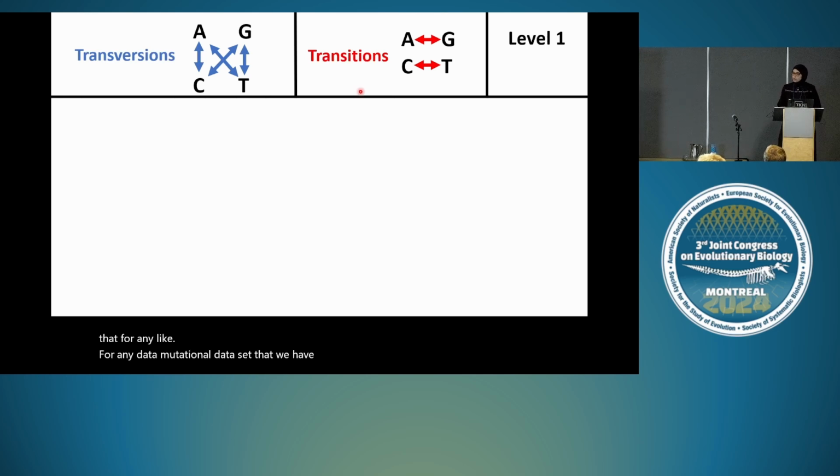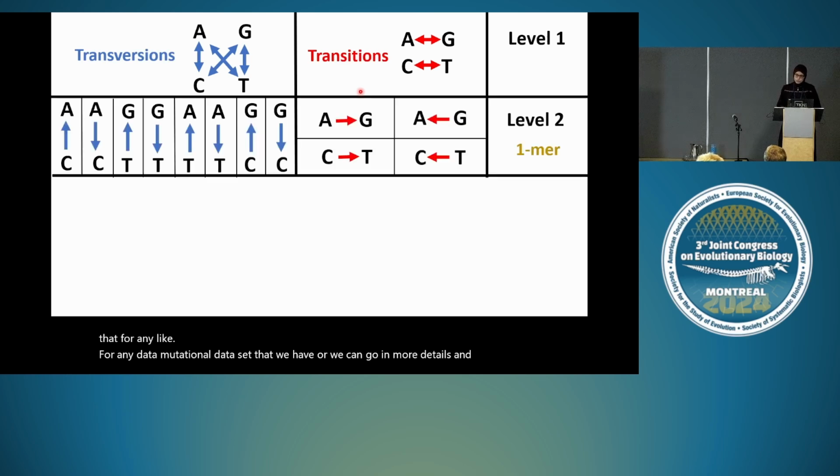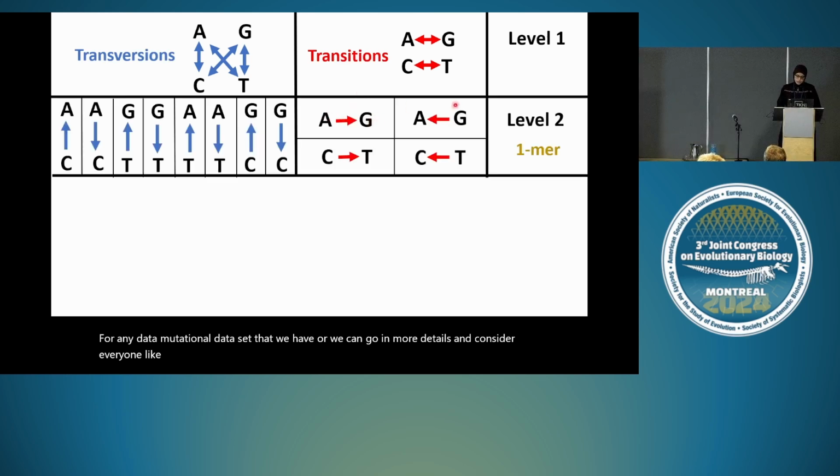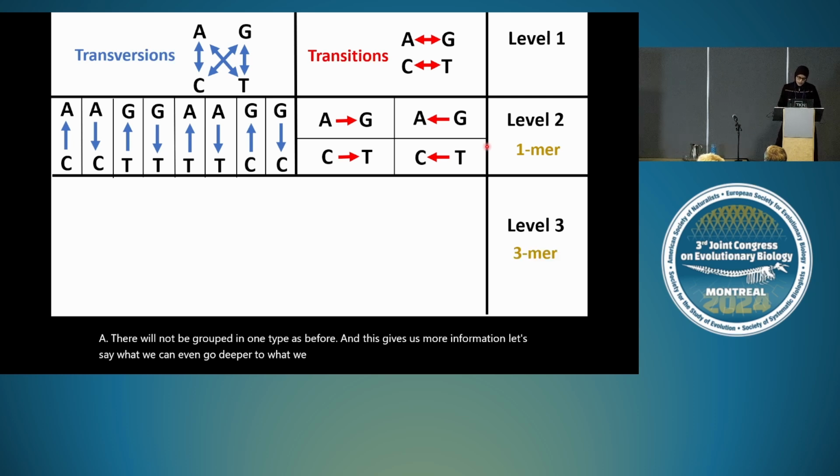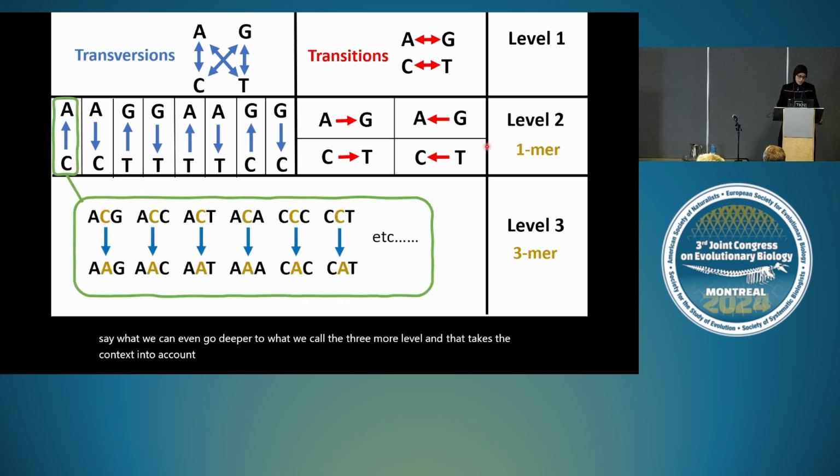Or we can go into more detail and consider every one single base substitution as one type. So an A to G will be different from a G to A. They will not be grouped in one type as before. And this gives us more information, let's say. But we can even go deeper to what we call the 3-mer level, and that takes the context into account. So for instance, a C to A mutation is different when the C comes between an A and a G as compared with when it comes between an A and a C, and so on.